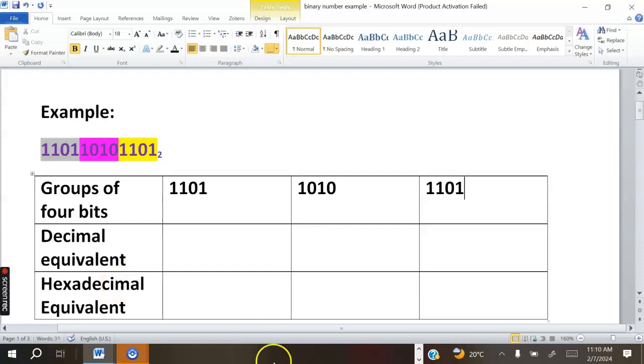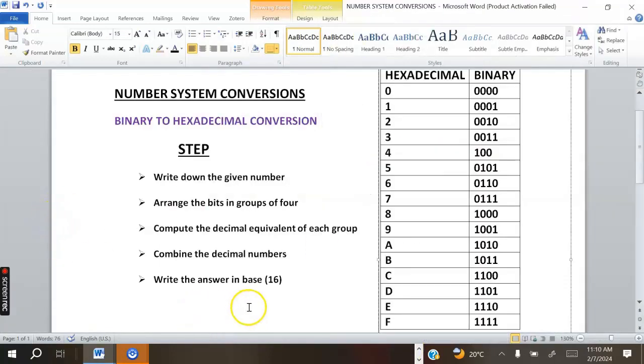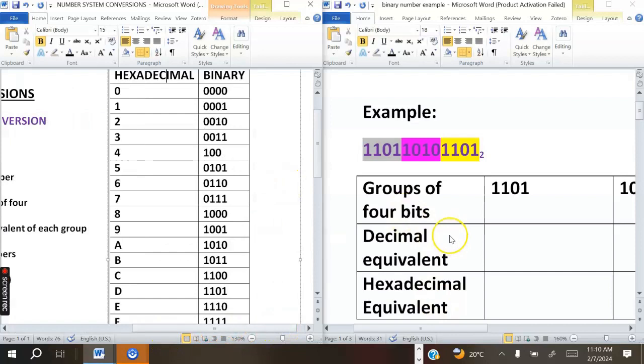If you look at the table that you had, let me see whether it's possible to see the number. Okay, so what we have is the value 1101. So we check from the table, 1101, 11, where is 11? This one. 11 is equivalent to 13.